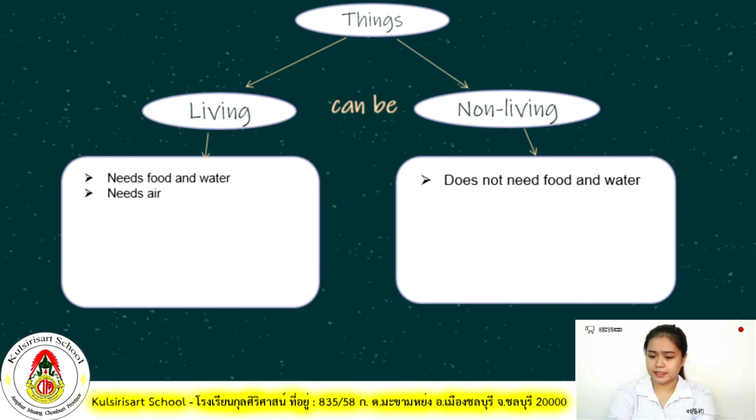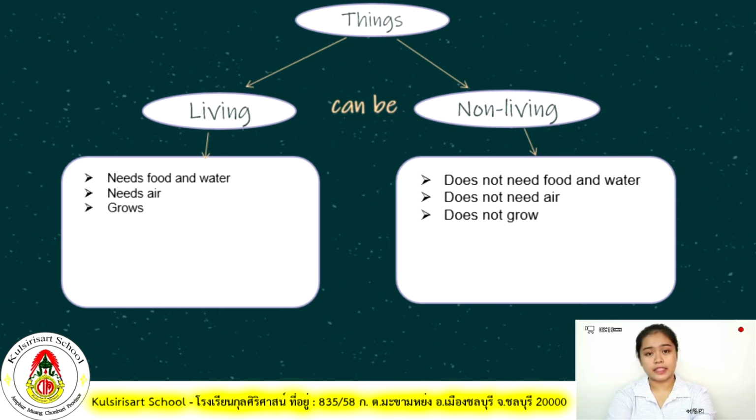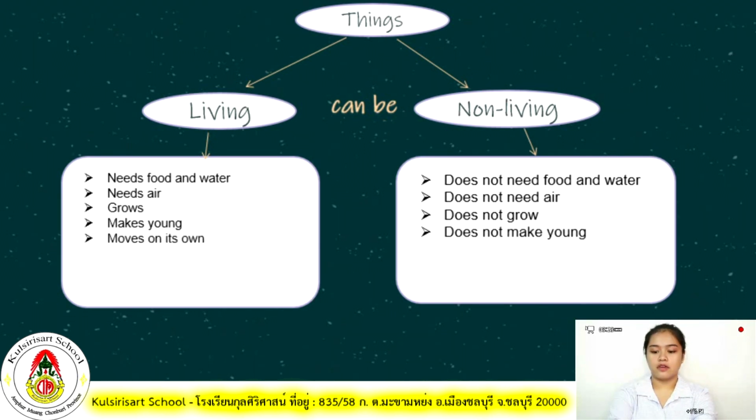Again, living things need air, while non-living things do not need air. Living things grow, while non-living things do not grow. Living things make young or babies, while non-living things do not make young. Living things move on their own, while non-living things cannot move on their own.